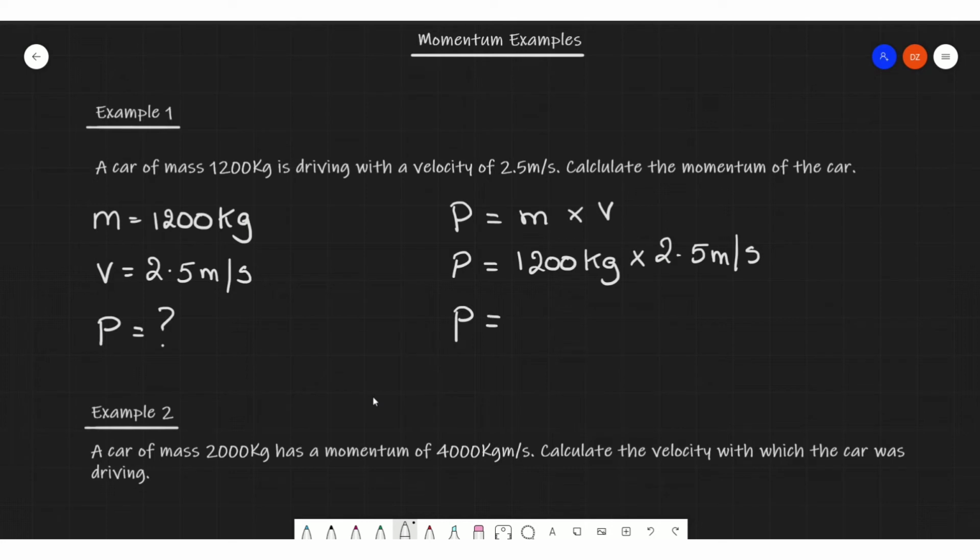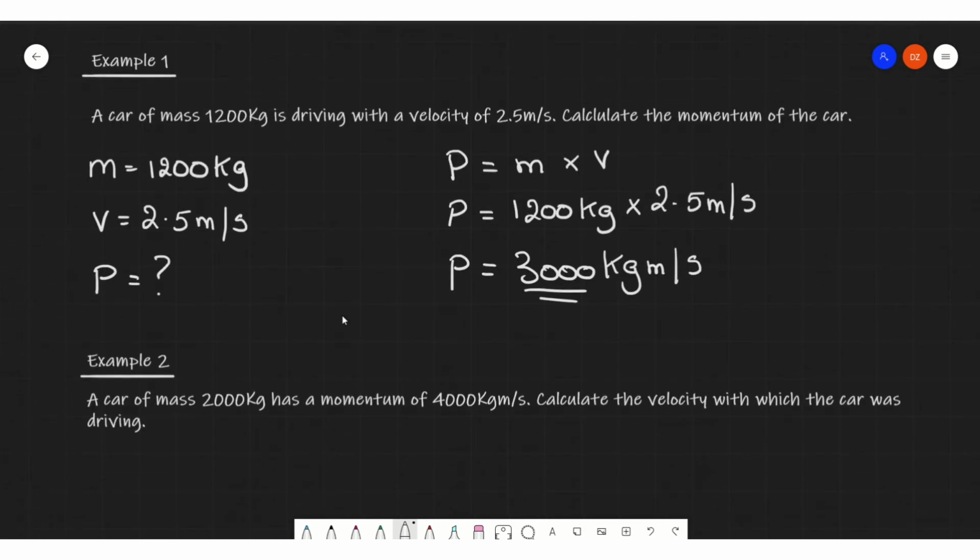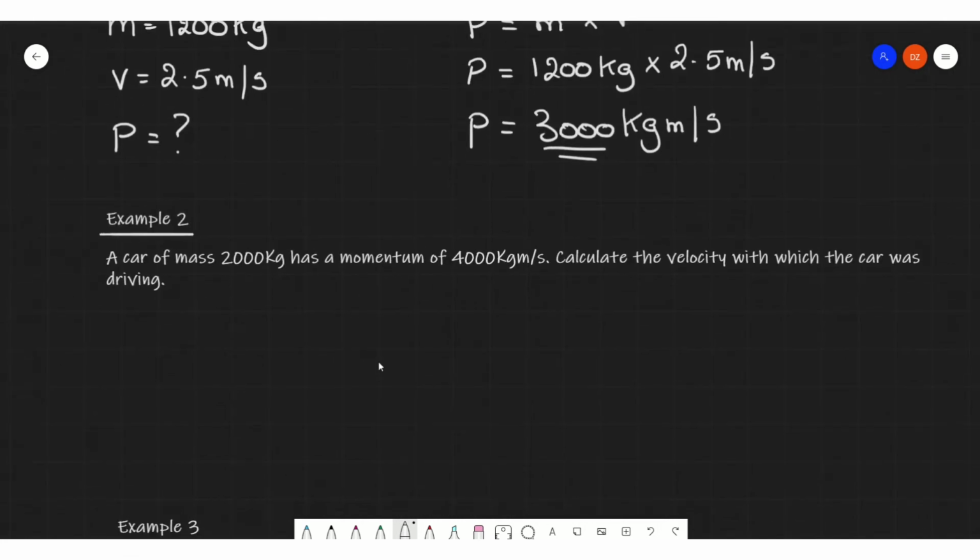Multiplying 1,200 with 2.5 will give you an answer of 3,000 kilograms meters per second. And that is the answer for example number 1. Okay? Now, let's look at example 2.